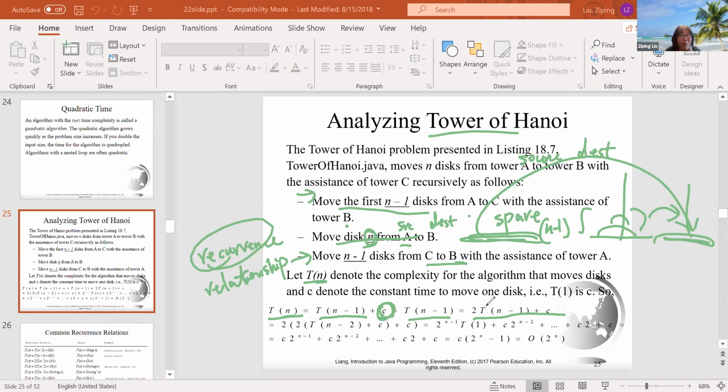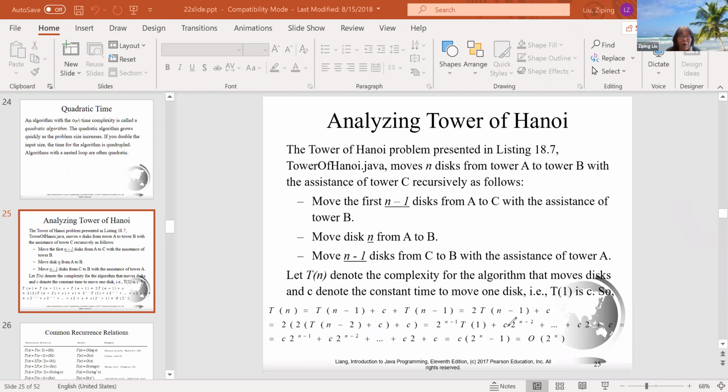We can further decompose T(n minus 1) as the T(n minus 2) case, so it's going to be 2 times T(n minus 2) plus some constant. You can keep doing this until you only have one disk, and it's going to be 2 to the n minus 1.